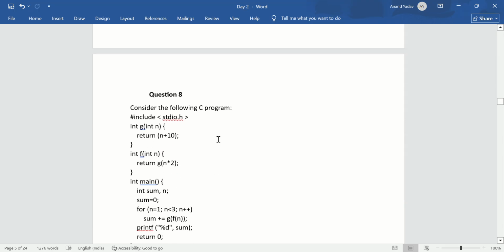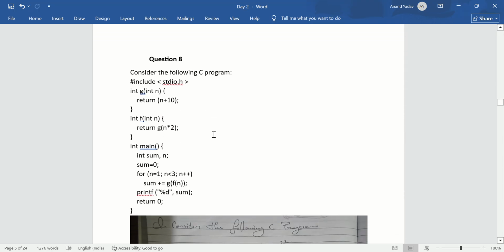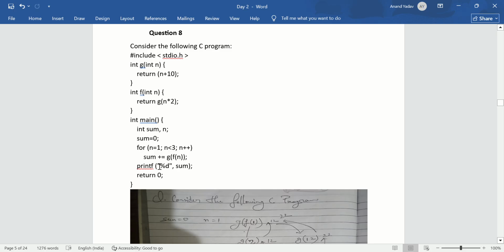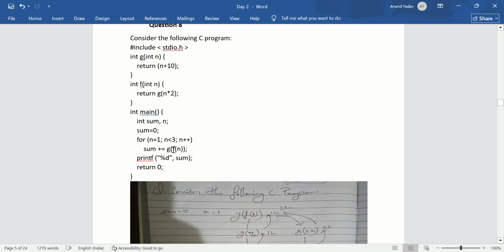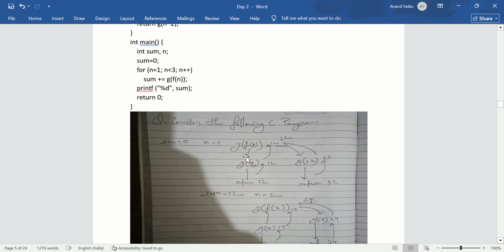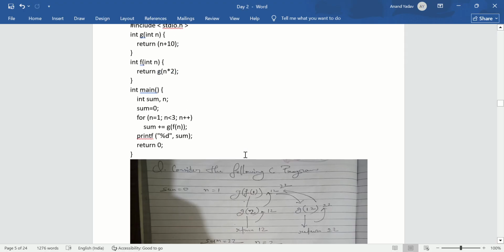Now next question is question number 8. Consider the following C program, which has an include, a Z function, then F, and this is the main function. When the for loop is going 1 to 2, sum will be performed. How will I calculate the sum?